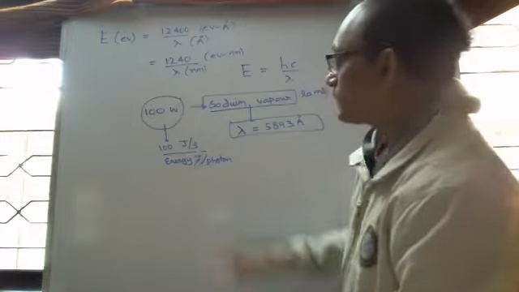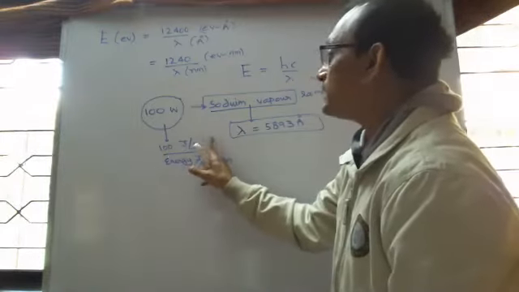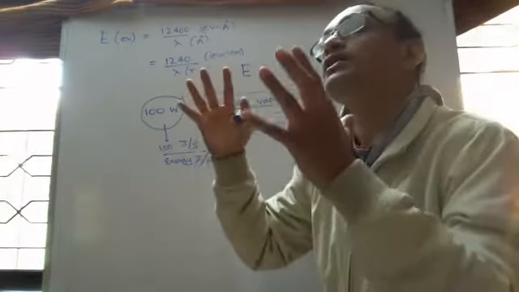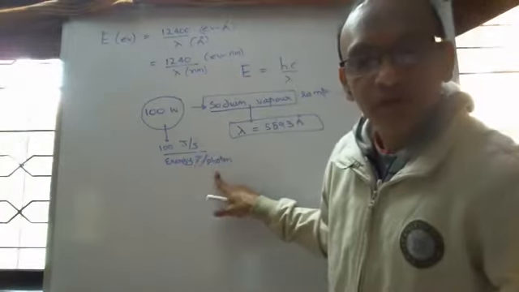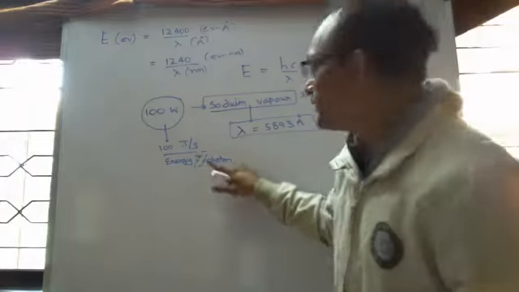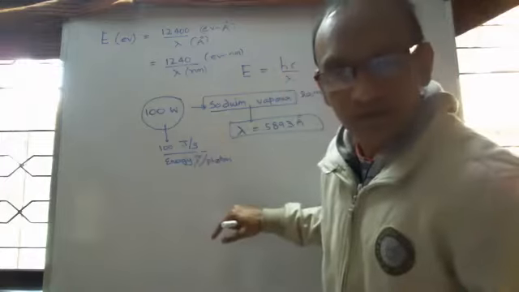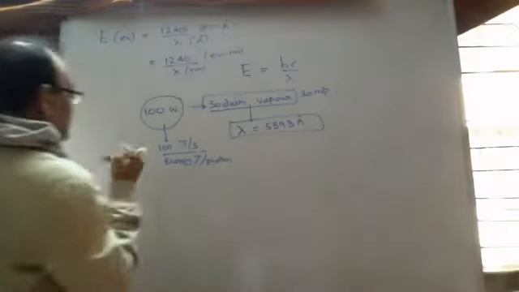See, it's emitting 100 joules per second. उस 100 joules में कितना photons है? Divide by the energy per photon. Energy in joules per photon will give me number of photons per second.